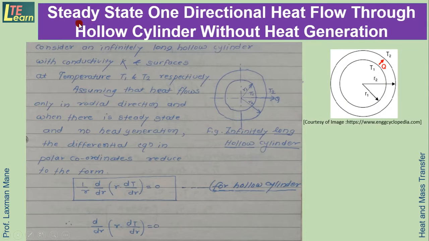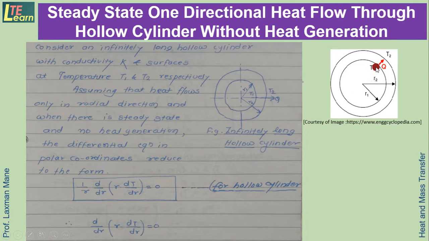Second, we will see steady state one-dimensional heat flow through a hollow cylinder. As we have seen this application in a power plant, that is a pipe carrying steam, a hollow pipe. So here we will consider inner radius R1, outer radius R2, inner surface temperature T1, outer surface temperature T2.